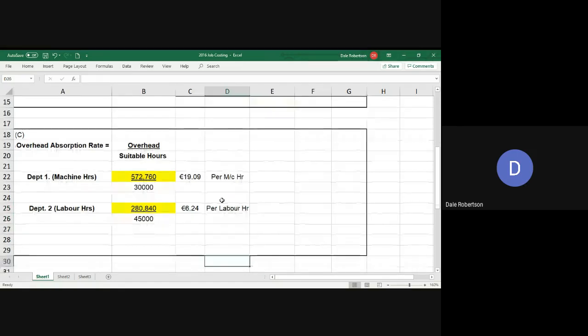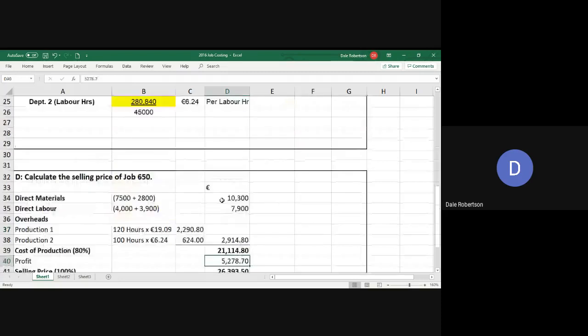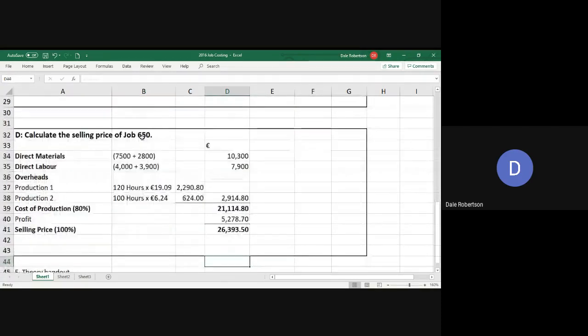And part D of the question is going to look something like this. Now, before I go down through where I got this information from, I'm looking at the last part of the question where it says job 650 has just been completed. And the details are as follows. And it tells you how much materials and how much labor and how many hours, be those machine or labor hours, that it has spent in each department.